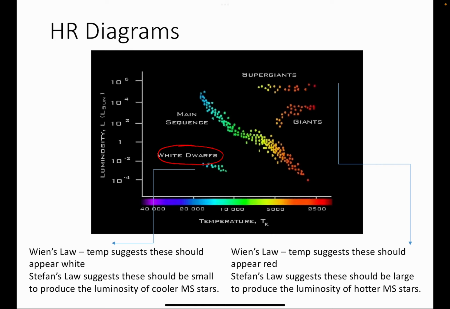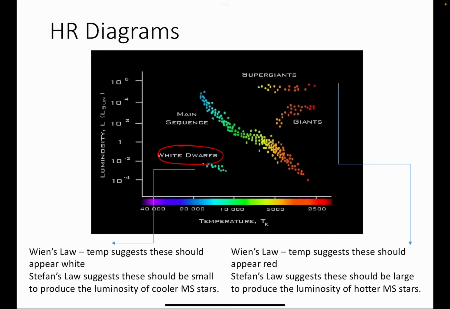So that black body distribution must incorporate all of the different wavelengths of light so that when they're added together, we observe the white that the white dwarf is. That's related to its temperature. So Wien's law says that the temperature suggests that these stars should appear white. So it's consistent with Wien's law.